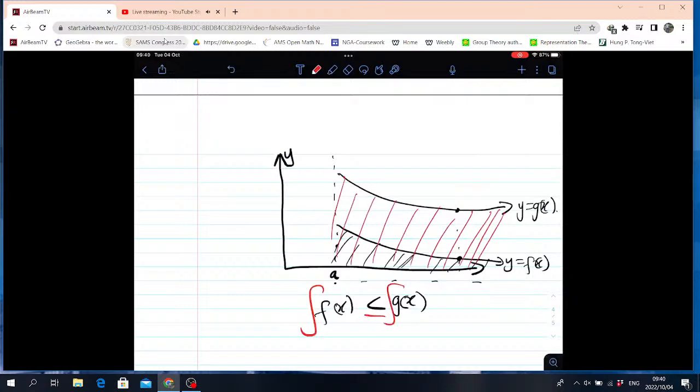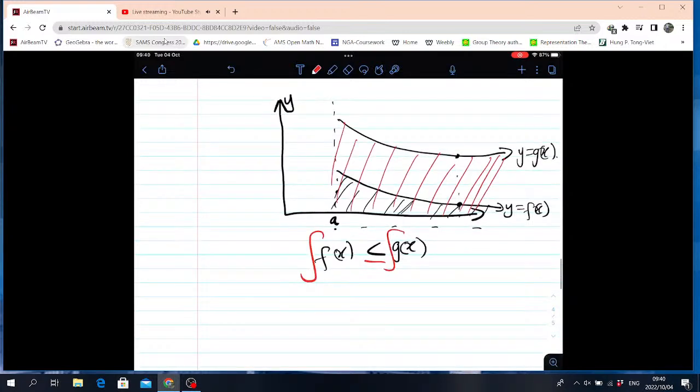So we know this. And now what we want to see is how does that affect convergence and divergence.